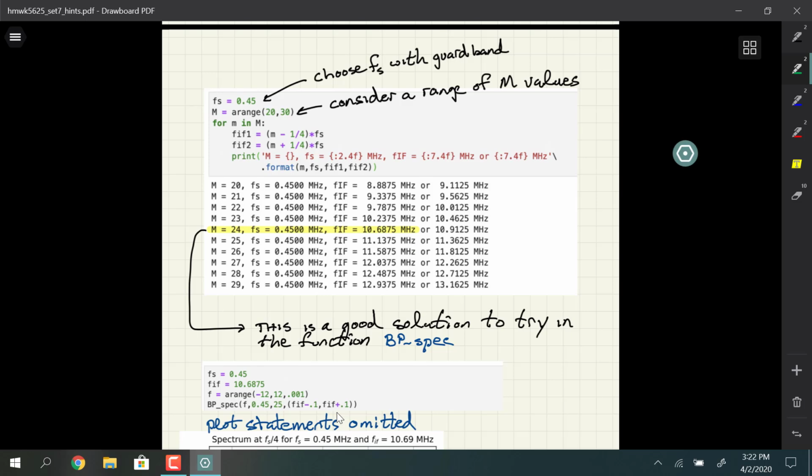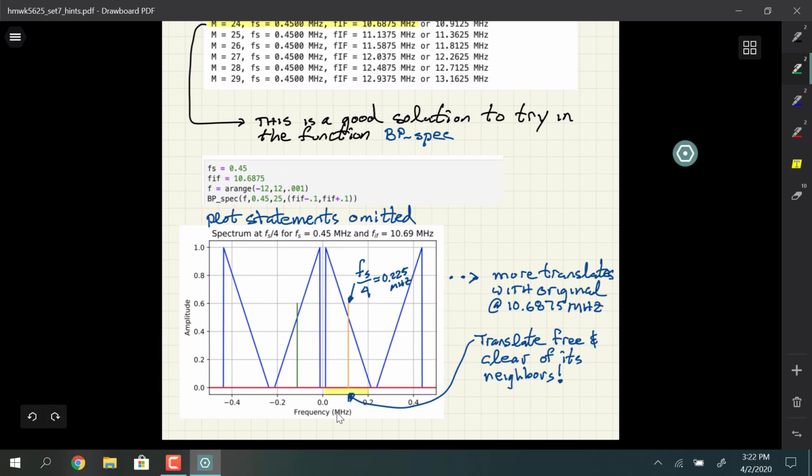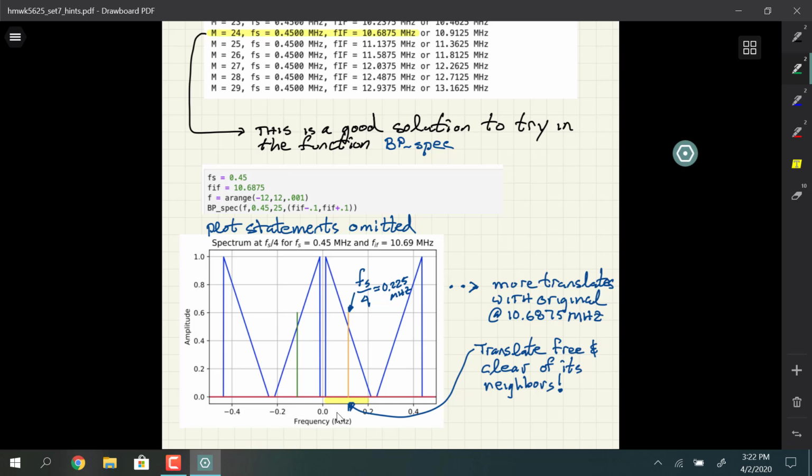So I take a look at that, and I use the function that I put in the Chapter 3 notebook, plug those values in. I say the IF frequency is going to be 10.68, so I set right in here.